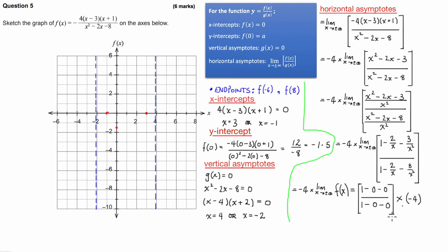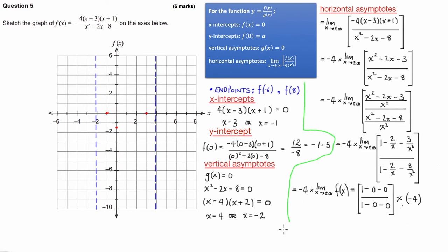I also hope you guys realized that although I evaluated the limit as x tended towards positive infinity, because these terms are tending towards 0, it doesn't matter if I tend towards positive infinity or negative infinity, these 4 terms here will also tend towards 0 in the outcome.